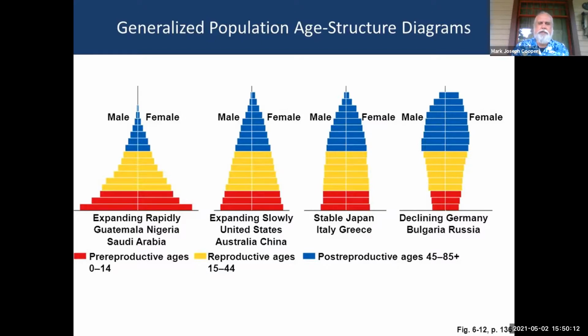Here we have stable Japan and Italy and Greece, where the reproductive age is probably okay with the amount of old people to care for. The United States, on the other hand, has a huge expanding youth, and again, we're probably okay to take care of the old. And then we have some countries that are just exploding down here.